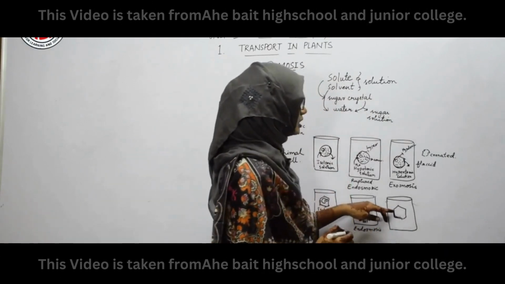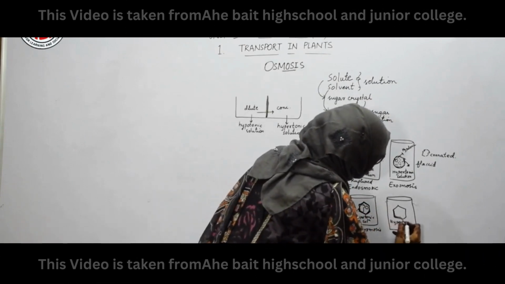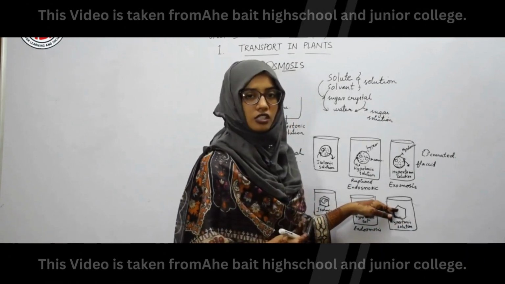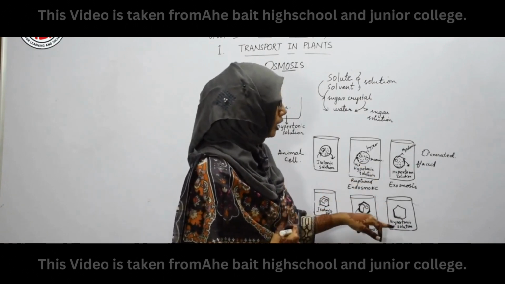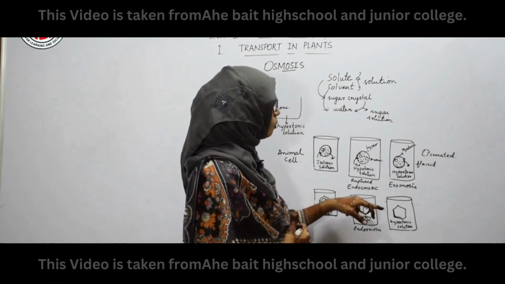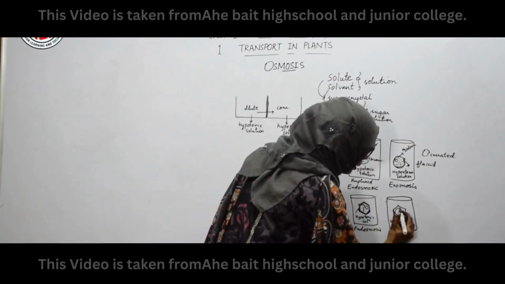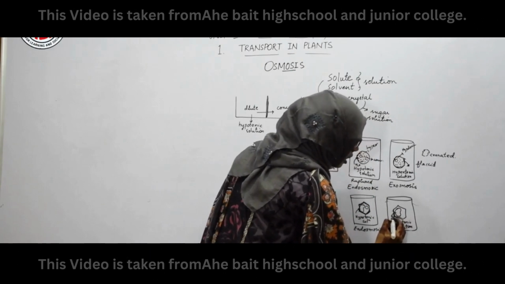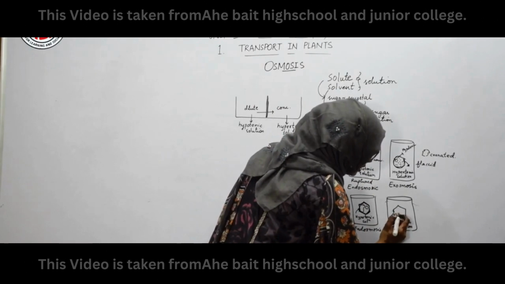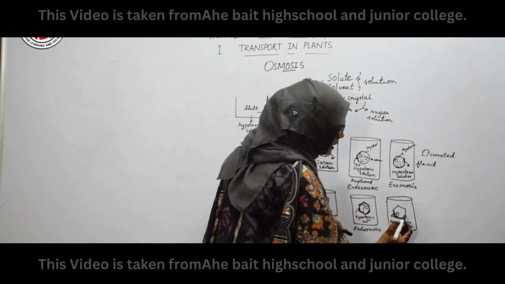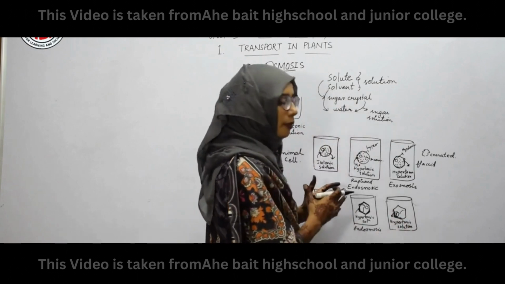Now when the plant cell is placed in the hypertonic, that is more concentrated solution, the concentration of the inner cellular content is less when compared to this solution. So now what happens, the water which is present in the big vacuole of the plant cell is coming out, and due to this the vacuole becomes smaller in size, and simultaneously the cytoplasmic content is going to come at one place.